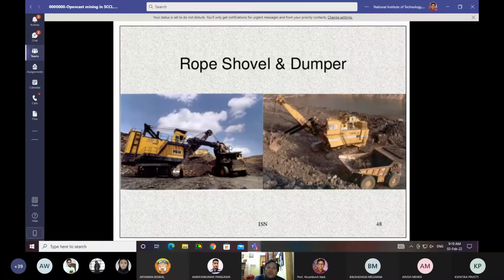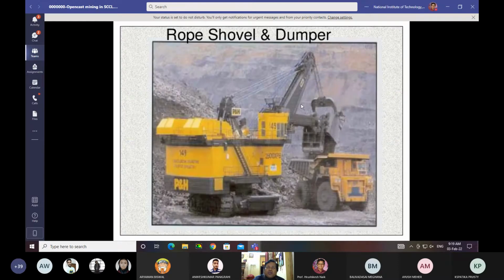So the bucket is operated by the ropes. Therefore, it is called a rope shovel, and the material is loaded to the dumpers. This is the combination which is called shovel dumper mining technology. And this rope shovel is shown in this diagram clearly.